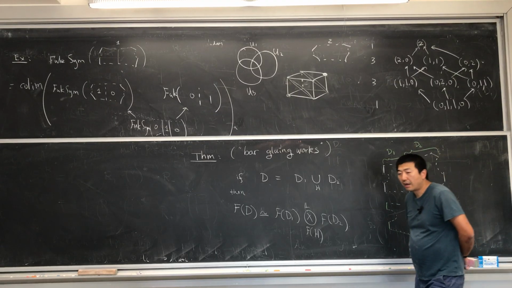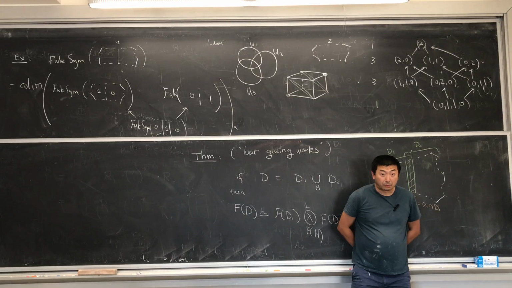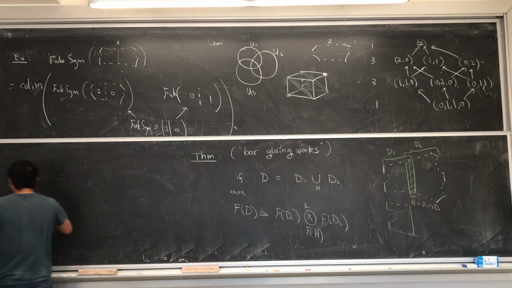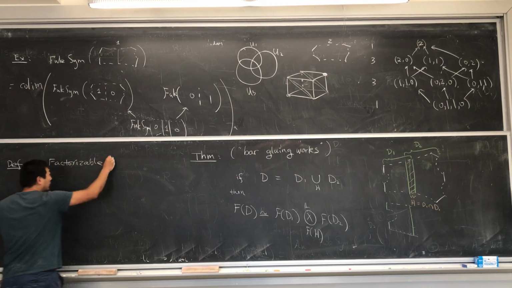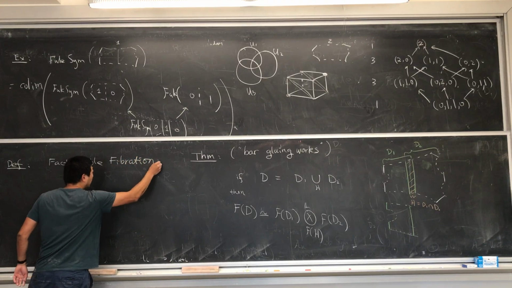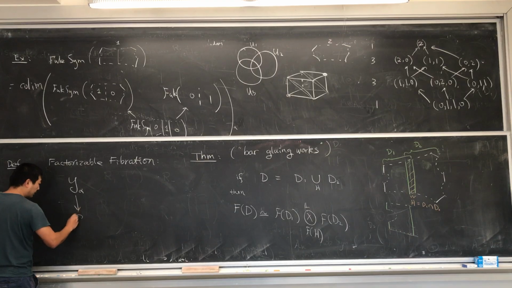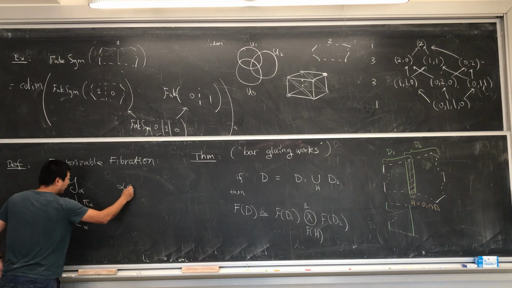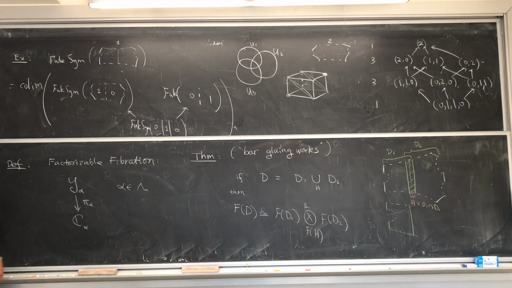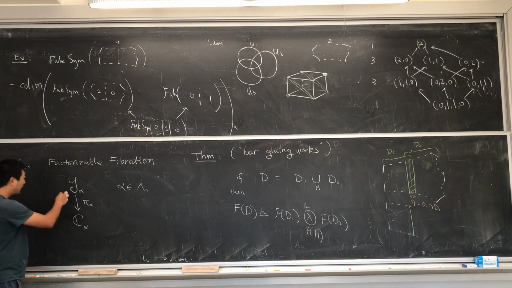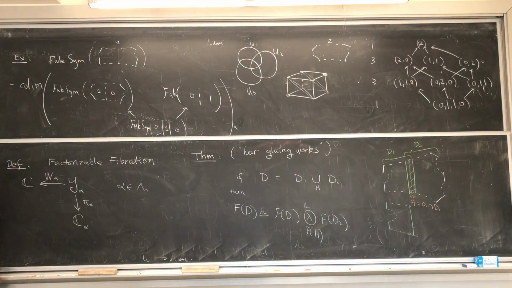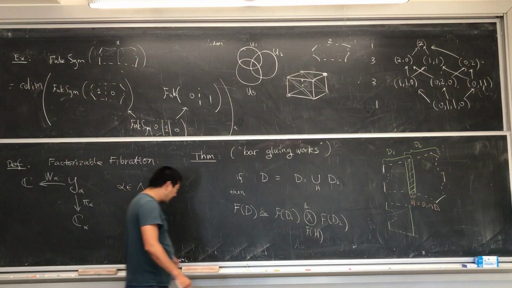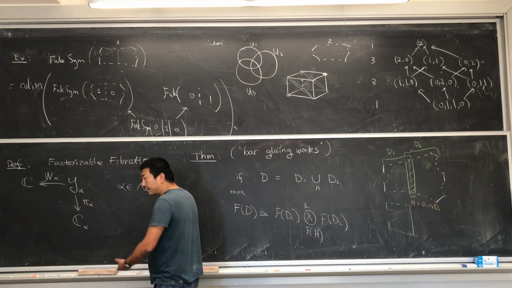In fact, whenever you have a factorizable fibration, something like this, where alpha can range in some semigroup or free semigroup, and where this guy is an I-colored divisor, a product of symmetric spaces, and whenever you have this factorizable superpotential W alpha, then you could get such a family of categories.